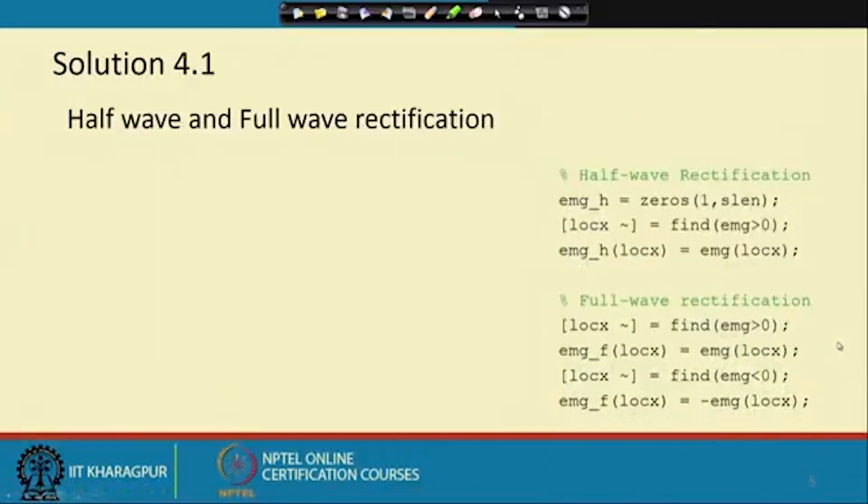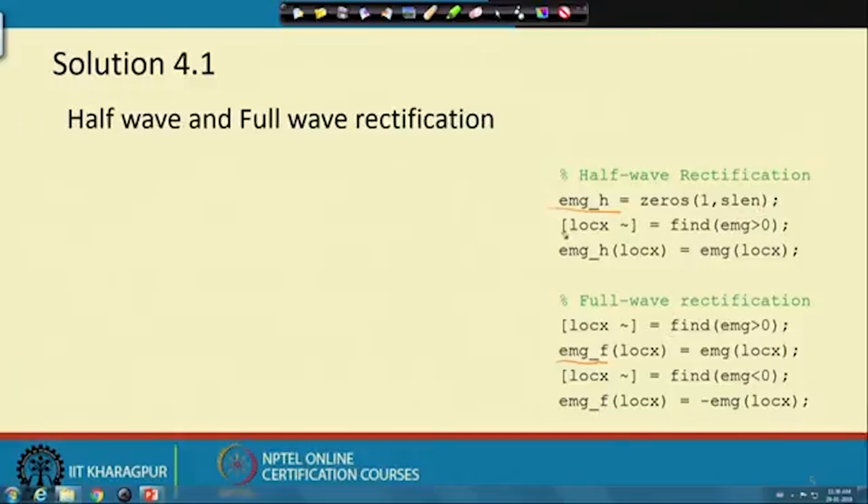So, first we do the high pass and the low pass filter. For the half wave rectification, we do the rectification first, rather than filtering, both half wave and full wave. What we are doing is assigning the variable EMG_H for half wave rectification and EMG_F for full wave rectification, with the same length as the EMG signal.